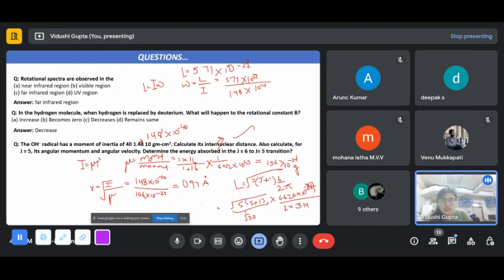So what will be the value of angular velocity? It will be 3.90 into 10 raised to the 13.